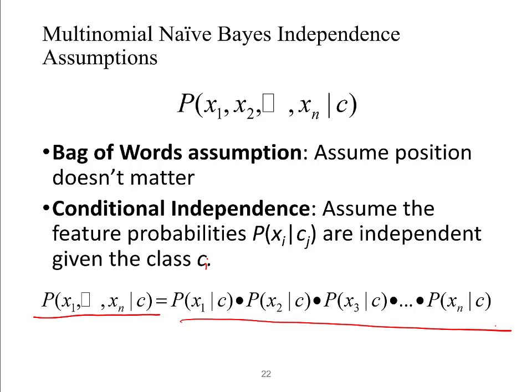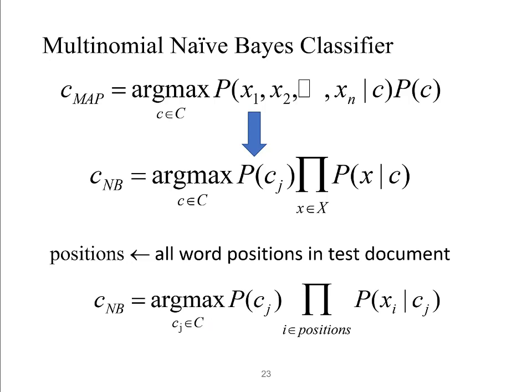So this is just a simple statistic. All right, so now we have converted this formula to this one, right? Given a test document, let's say positions are all the word positions in the test document.